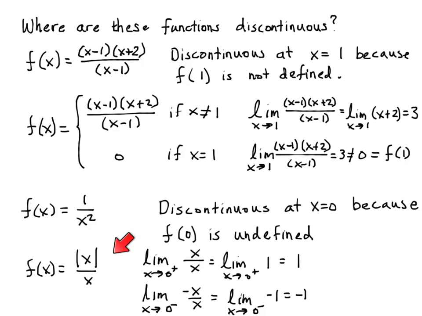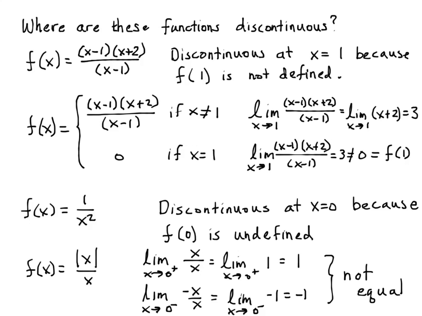If x equals -1, the numerator would be 1, and the denominator would be -1. If x equals, let's say, -0.01, then the numerator would be 0.01, and the denominator would be -0.01. So you'd always get a -1 coming from the left.